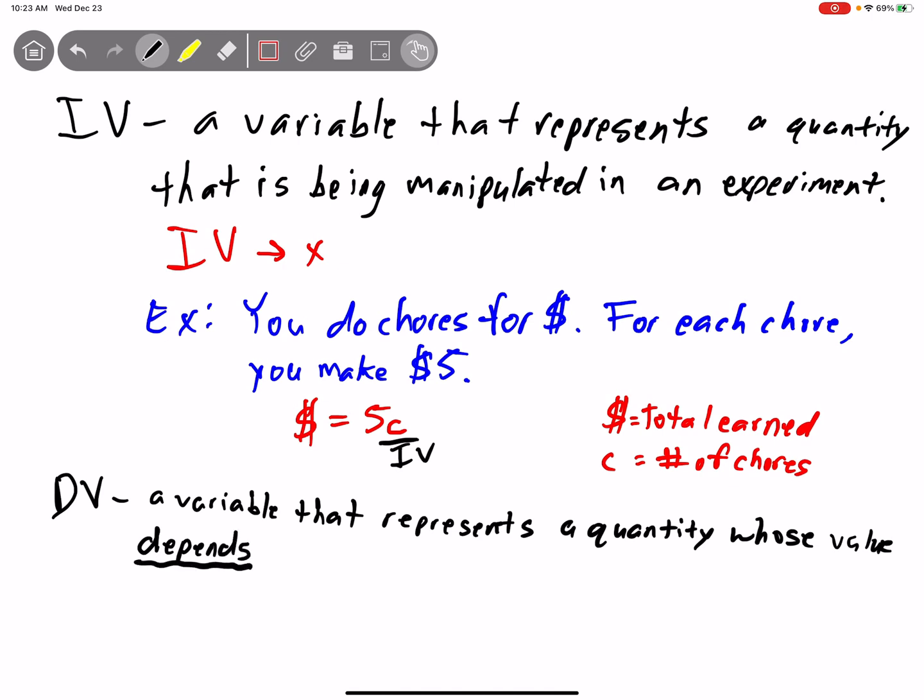That is a key term in this, depends. The dependent variable depends on how the independent variable is being manipulated.